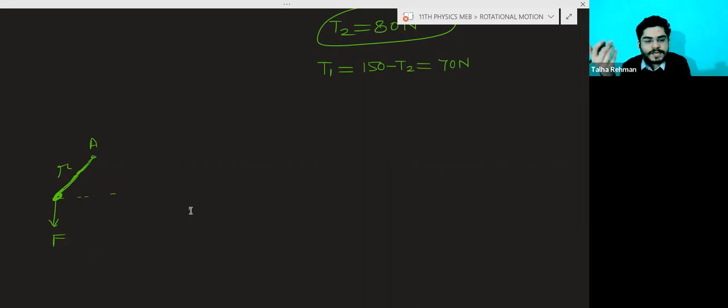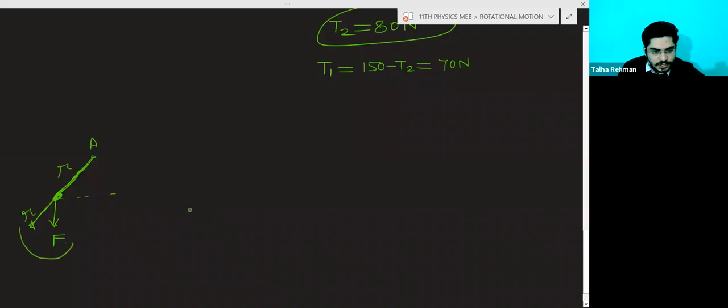So I will tell you how we can find the direction of the torque. What you will do in this case is extend R. You have extended R. Now move R to F. When you are moving R to F, the direction is clockwise.